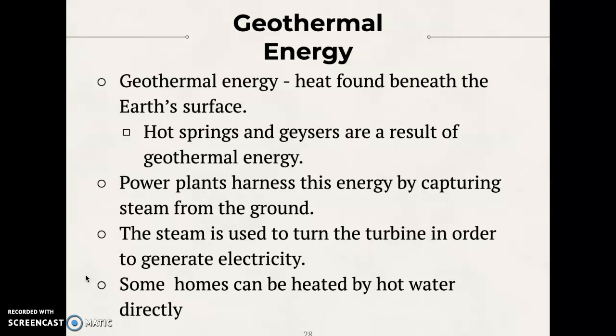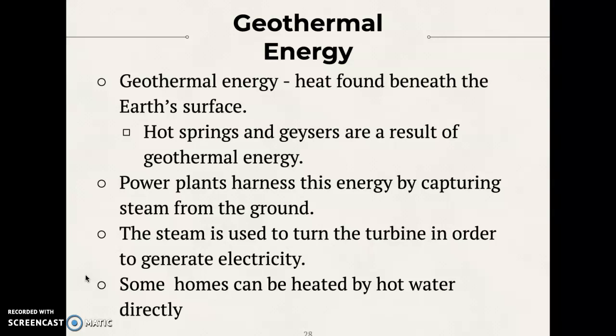A geyser is the thing that when you see water being launched out of the ground, that's what a geyser is. The most famous one is probably Old Faithful in Yellowstone National Park, where it launches at the exact time every single day. That's why they call it Old Faithful. So those are two of the ways that you see geothermal energy.